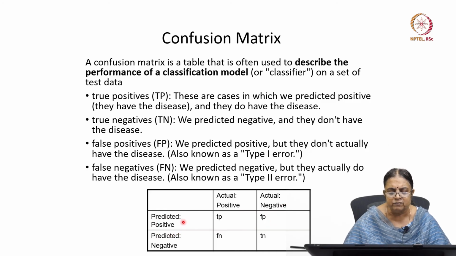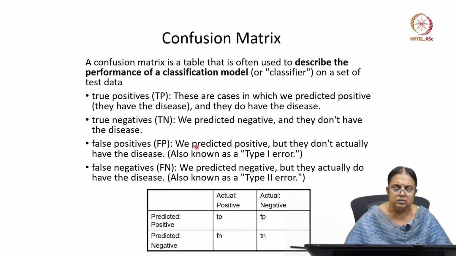Or it could be actually negative and predicted as negative, which is the true negative. Or it could be actually positive when it has been predicted as negative, which is equal to FN.